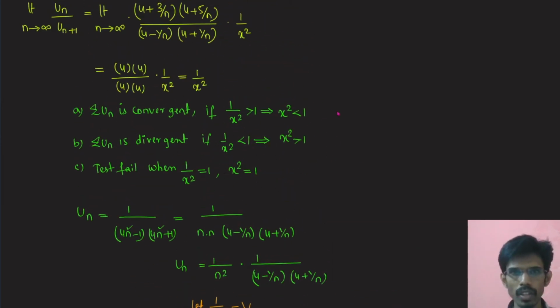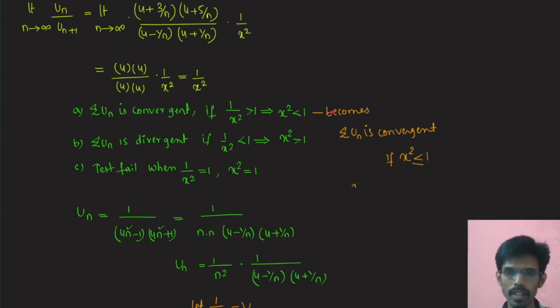So from this we say that sigma un is convergent if x square is less than or equal to 1, and sigma un is divergent if x square is greater than 1.